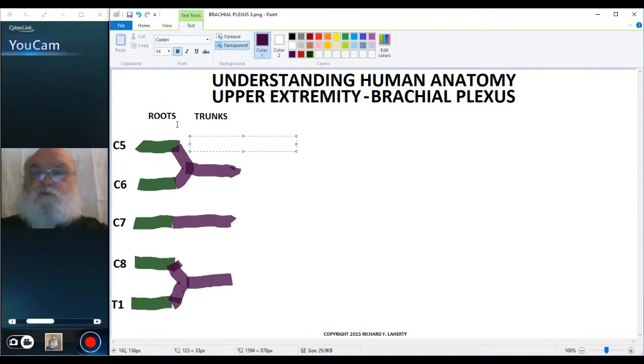The trunks are named superior, middle, and inferior. Sometimes they are also referred to as upper, middle, and lower. But the proper terms are superior, middle, and inferior.